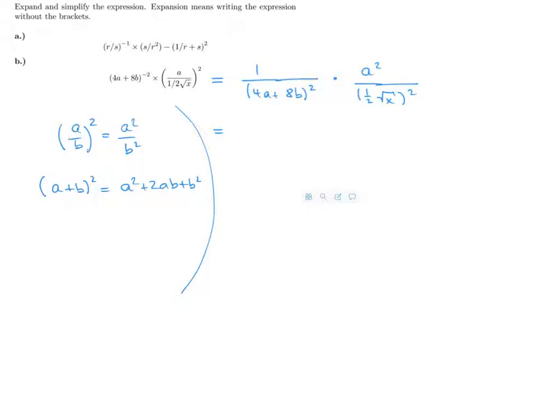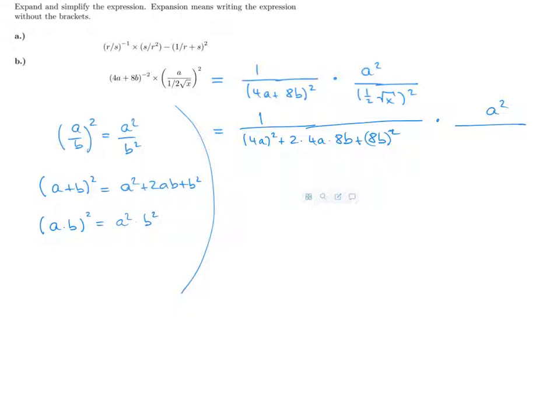So what we can do is 1 divided by 4a squared plus 2 times 4a times 8b plus 8b squared, this is a 2 here, times a squared divided by, now I'm applying the rule a times b to the power of something, in this case 2, is just a squared times b squared.